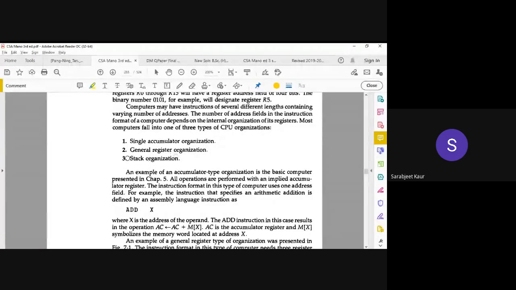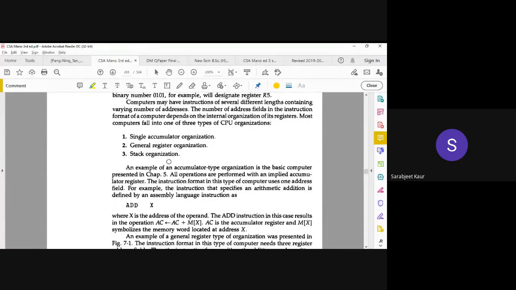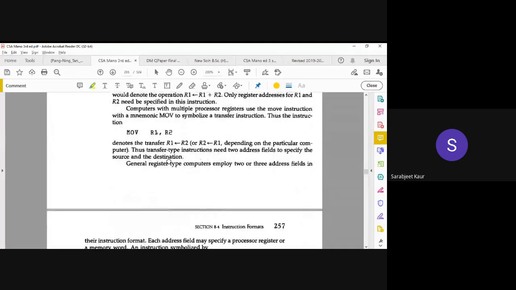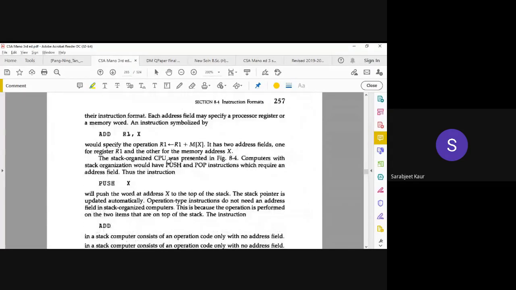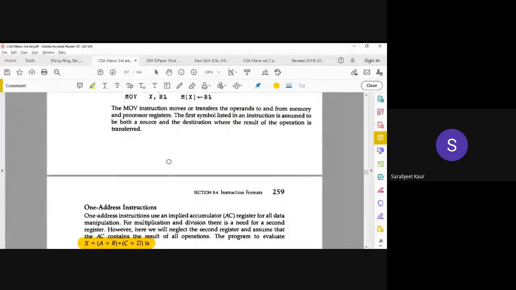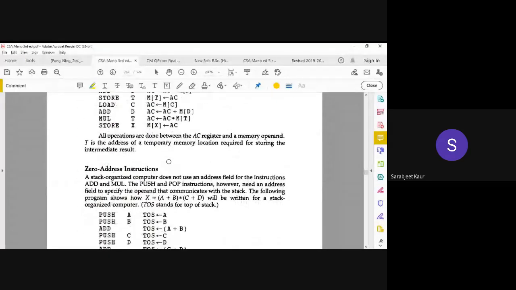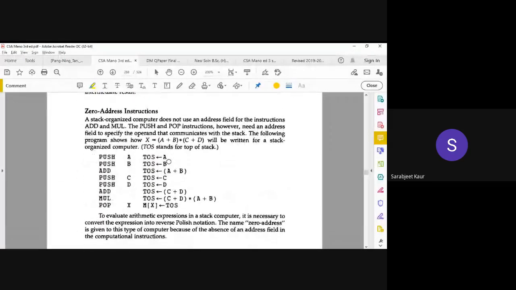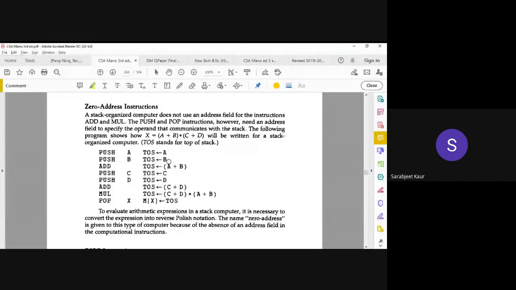Now, stack organization. In stack organization, the instructions are also sometimes known as zero address instructions. Why? Because we don't need to specify any address.